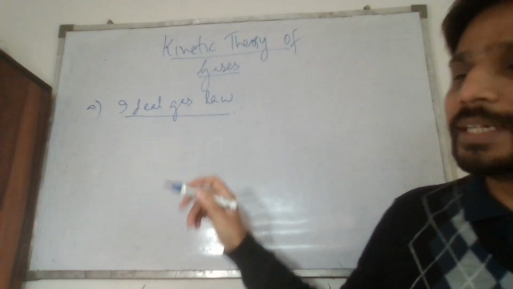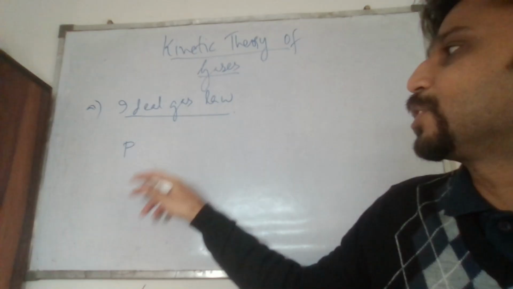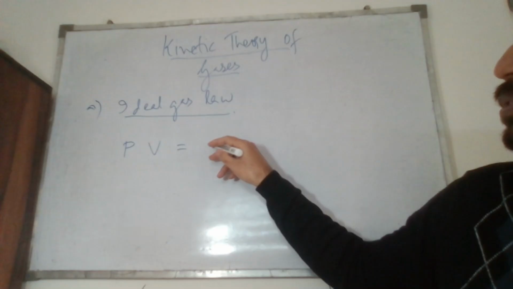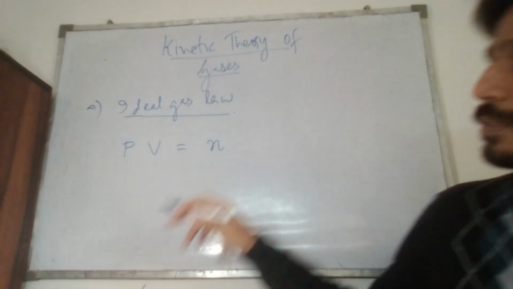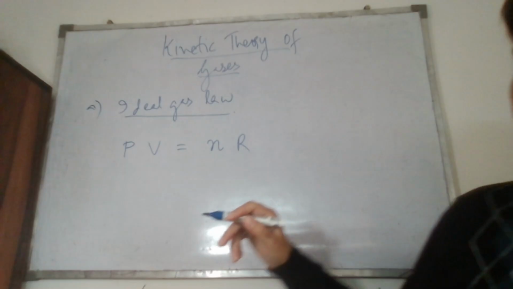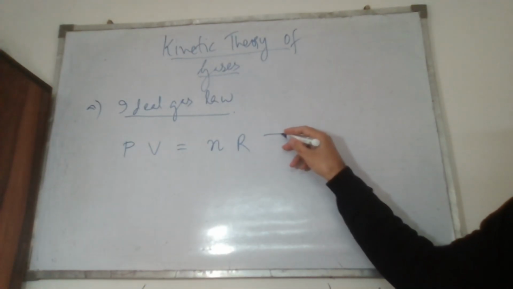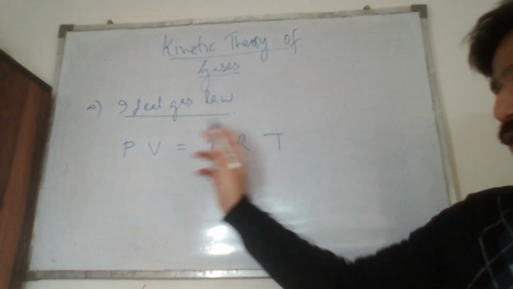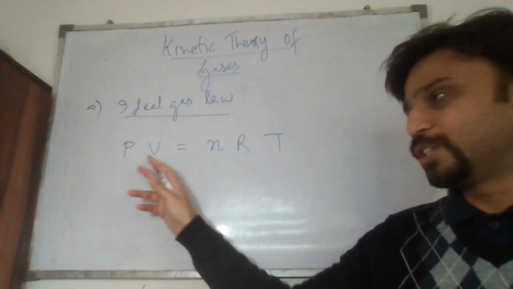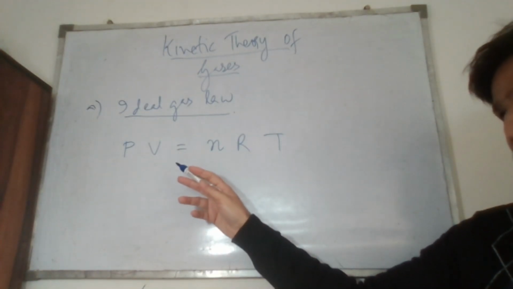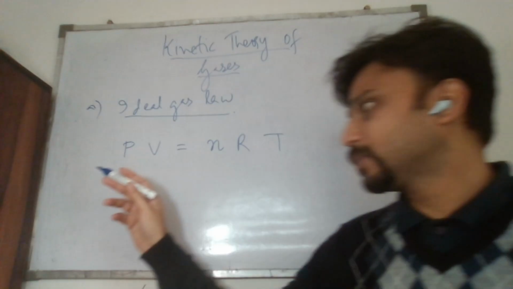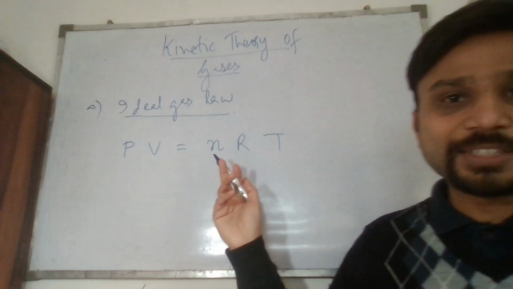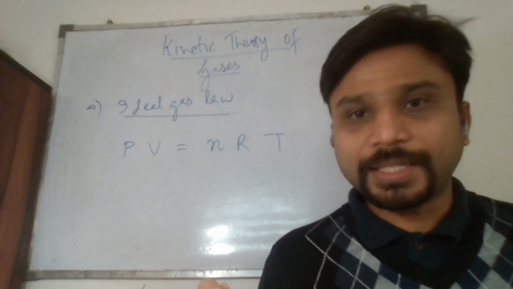So the ideal gas law says that if a gas has a pressure P, has a volume V, moles of the gas are some n, universal gas constant is some R, and temperature is some T, then they are related by this relation. That is, the product of pressure and volume is equal to the product of moles of the gas, the universal gas constant, and the temperature of the gas: PV = nRT.